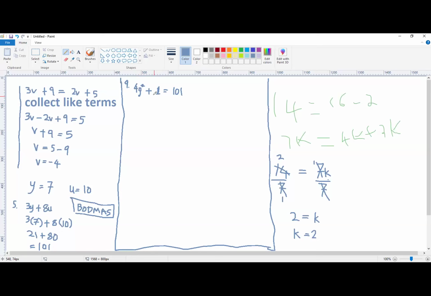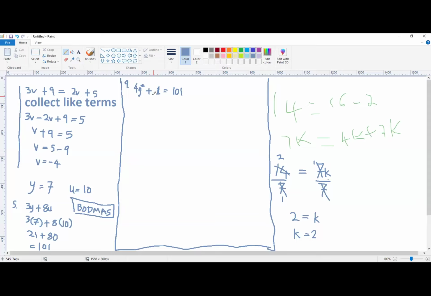Now, if you move the 1, what's the sign to the left of 1? Addition sign. Thank you. And what's the opposite of addition? Subtraction. Now, that would mean we should subtract 1 from both sides.